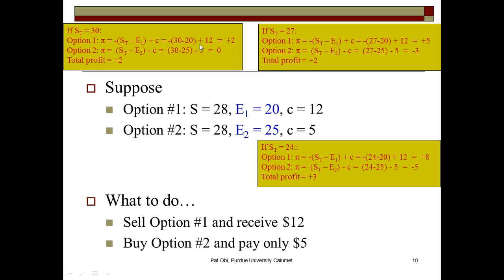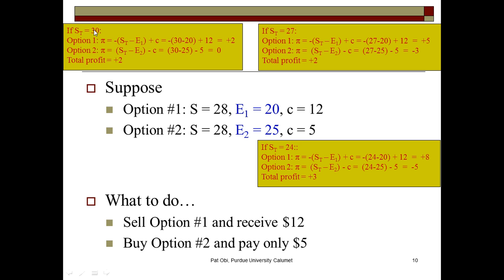So if you put in the numbers, you're going to get a gain of 2. Now on the other hand, the option that you purchased, option number 2, this intrinsic value here is your money to keep. So 30 minus 25 is your money, which is 5. However, remember you paid $5, so minus 5, which is what you see here, you wind up with nothing. However, put the two together, you have a total profit of 2.